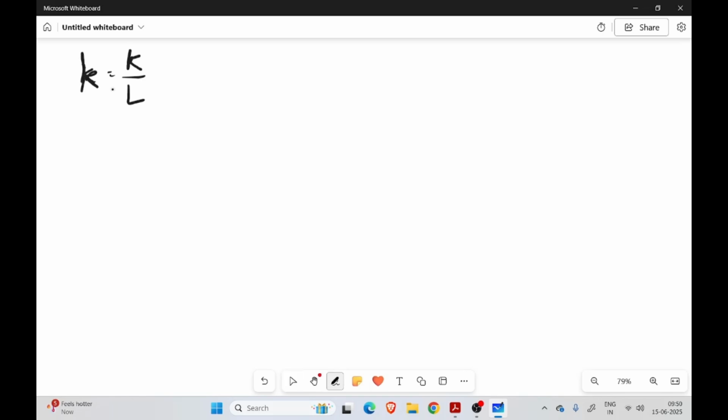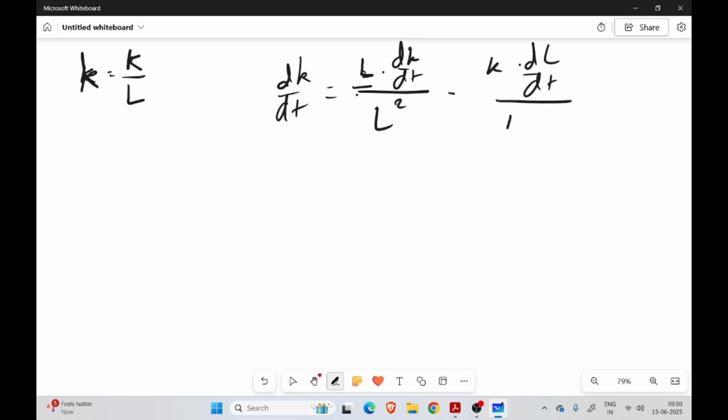Therefore dk/dt becomes, using the UV rule, (L dK/dt minus K dL/dt) by L squared.